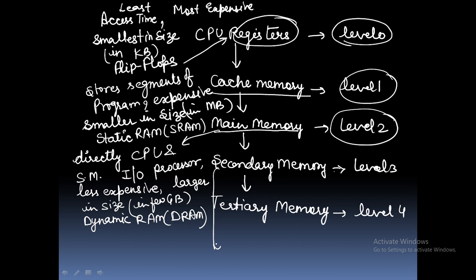Now next is secondary memory. Secondary memory is present at level 3, and in secondary memory we use magnetic disk. These are used for backup storage.